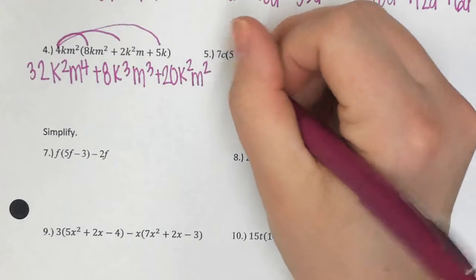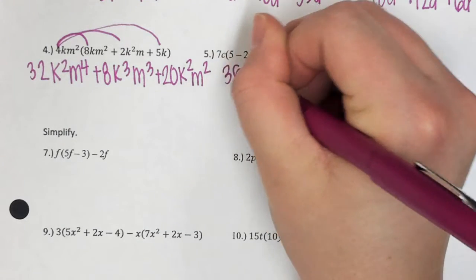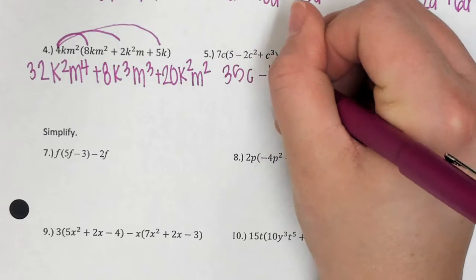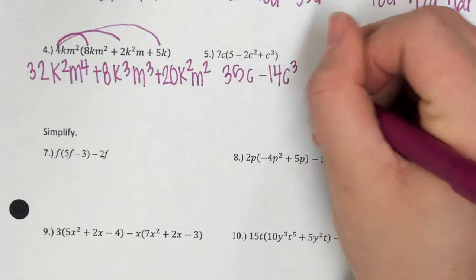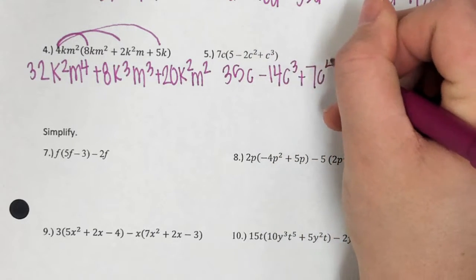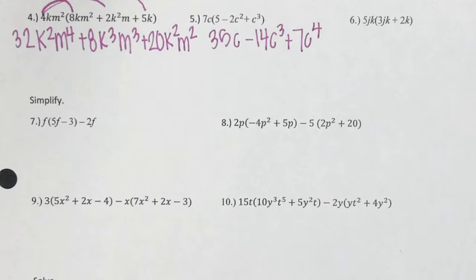Alright, so for number 5, you should have had 35C minus 14C to the third plus 7C to the fourth. Okay, but the problem with this is, is this in standard form? What is standard form? Jordan?